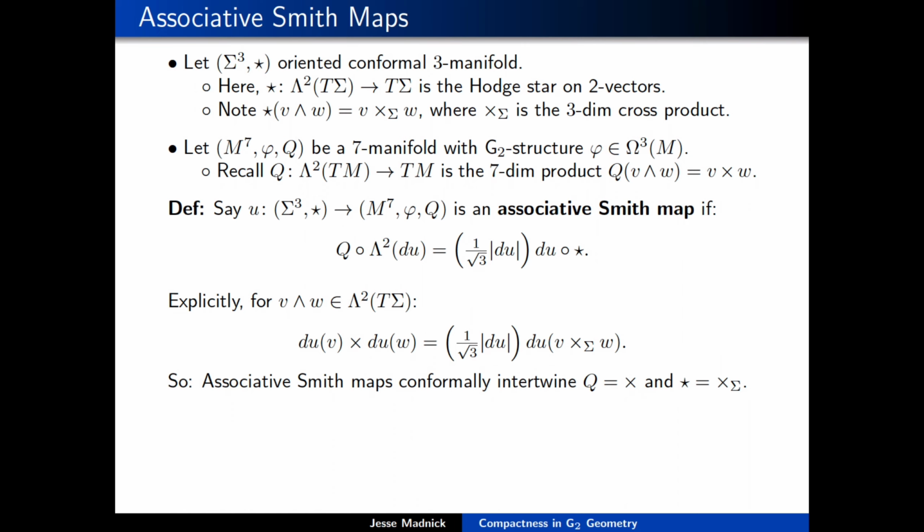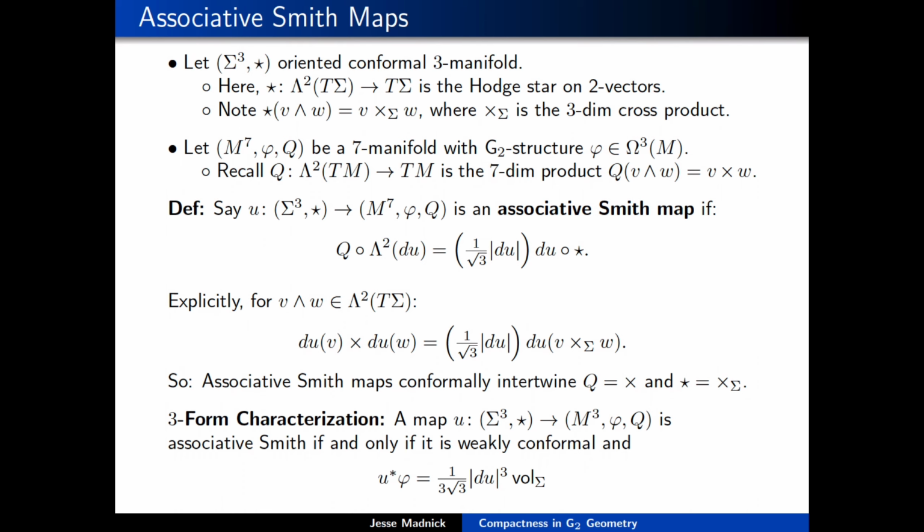Now, we've phrased this in terms of the cross products Q and the Hodge star. However, there's an equivalent definition in terms of forms, which makes sense because cross products are somehow dual to forms in a way. So you can equivalently say that a map U from sigma 3 to M7 is associative Smith if and only if it is weakly conformal and this equation holds: U pulls back phi to be this function times the volume form of sigma.